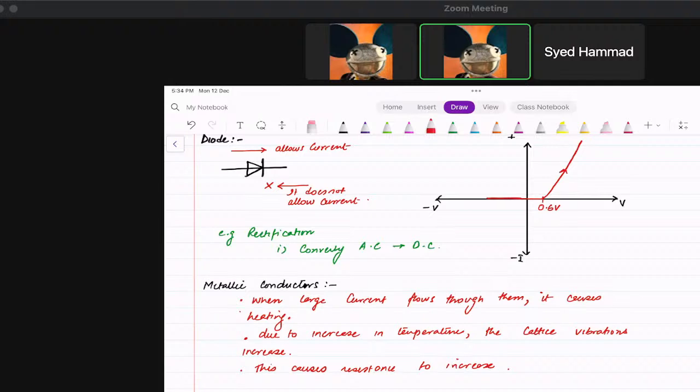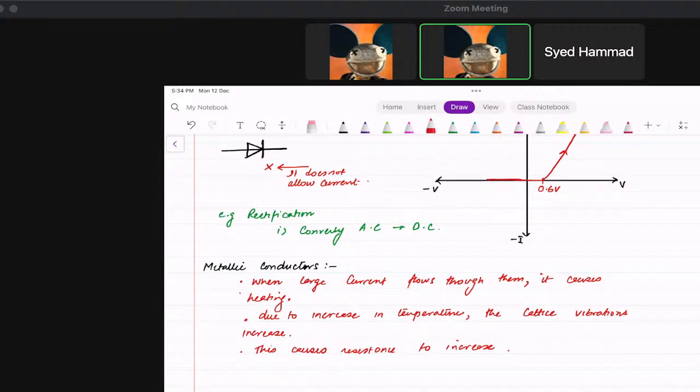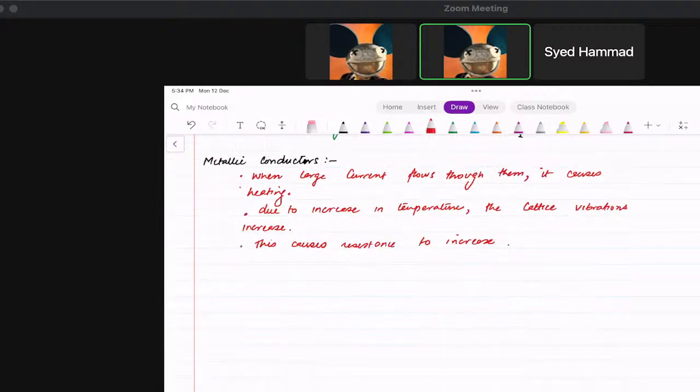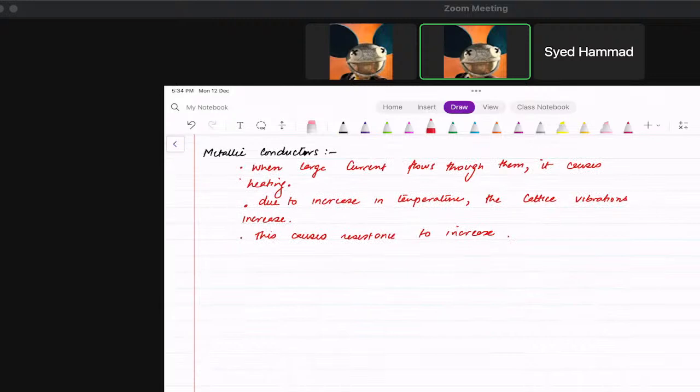Now, the graph of a metallic conductor. Okay, I'm sorry. It looks like this.